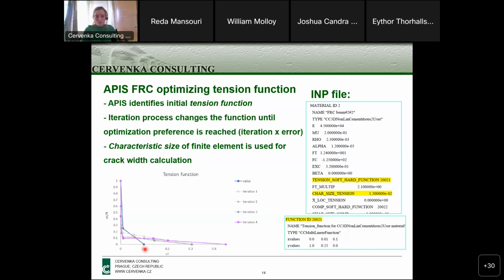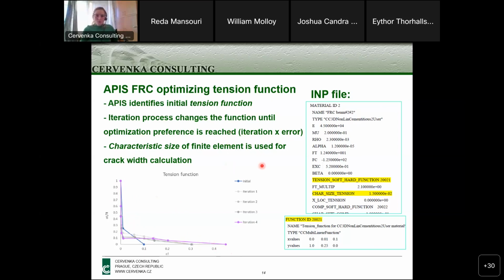As the optimization process is running, you can see that with the iterations the tension function is changing and getting more and more points, so it's more specified.